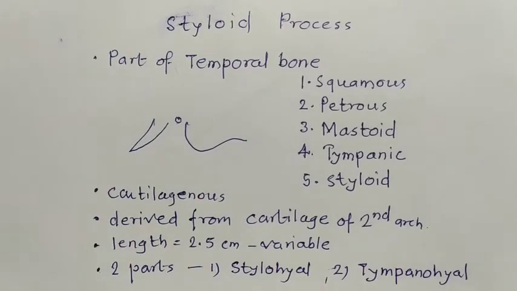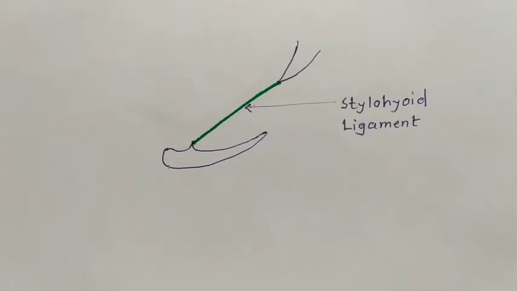It is called as stylohyal part, while the upper part of styloid process has a sheath of the tympanic plate, and it is called as tympanohyal part. So, styloid process consists of 2 parts, the tympanohyal and stylohyal.